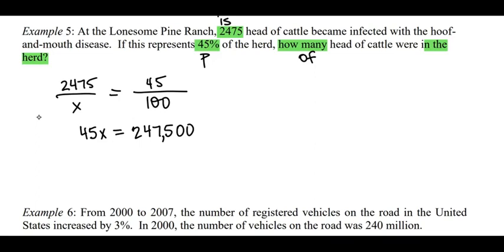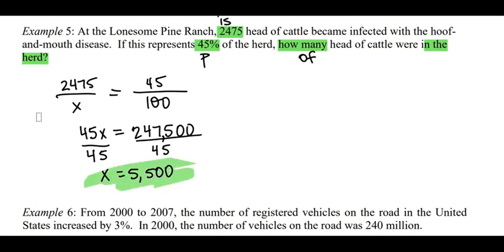Now we're going to divide everything by 45. So we have x equals 5,500. All right. So roughly half of the cattle were sick, and the total herd was 5,500.